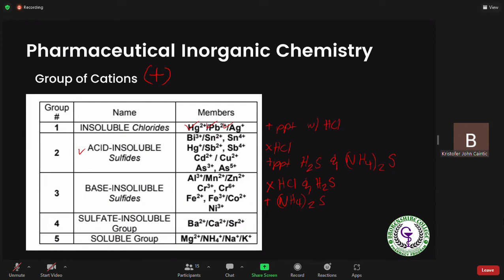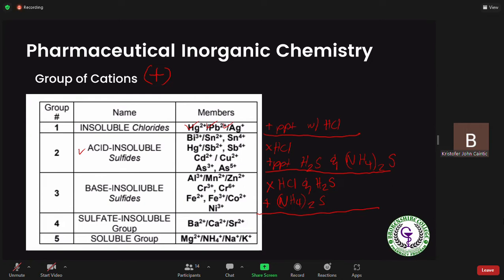So try to see the distinctive groupings. Oh, so the distinction is clear. For group 3, it does not react with hydrochloric acid, it does not react with hydrogen sulfide, but it will form a precipitate under your ammonium sulfide. That's why it is called base insoluble sulfide, since ammonium sulfide is a base.